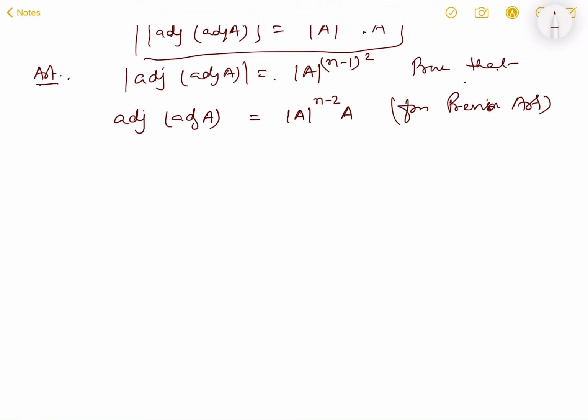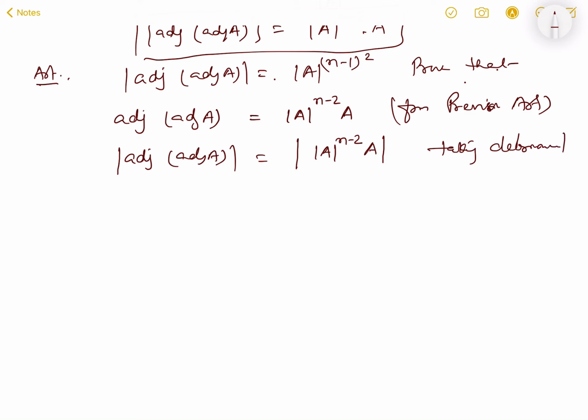Now taking determinant on both sides, determinant adjoint adjoint A is equal to determinant of determinant A to the power n minus 2 into A. Taking determinant on both sides.